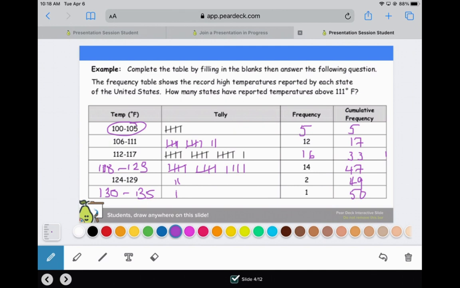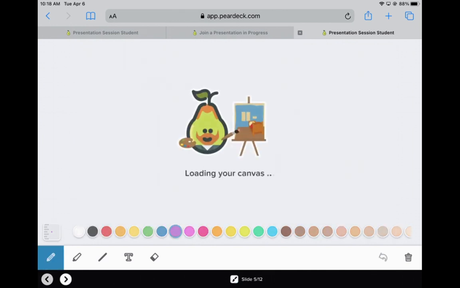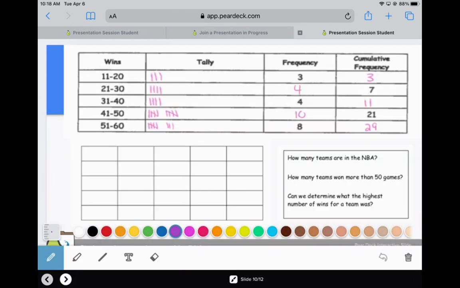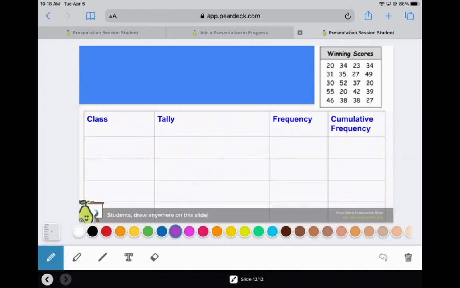But I want you to go to the very last slide, which is create frequency table. I think this is by far the hardest, and this is the one that most of you got confused. So go to the very last slide, which is slide 12, create frequency table.